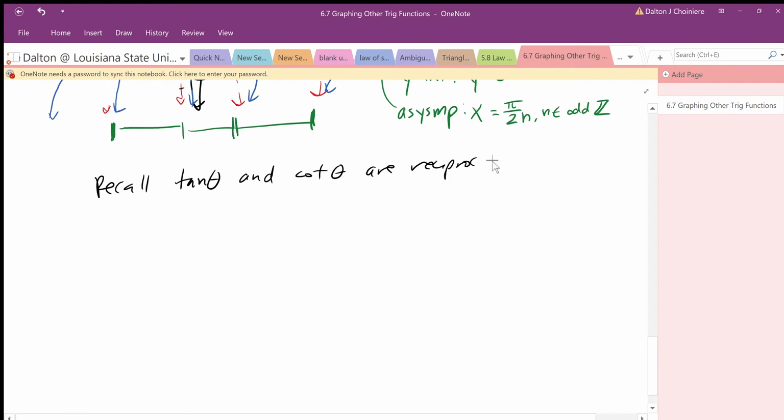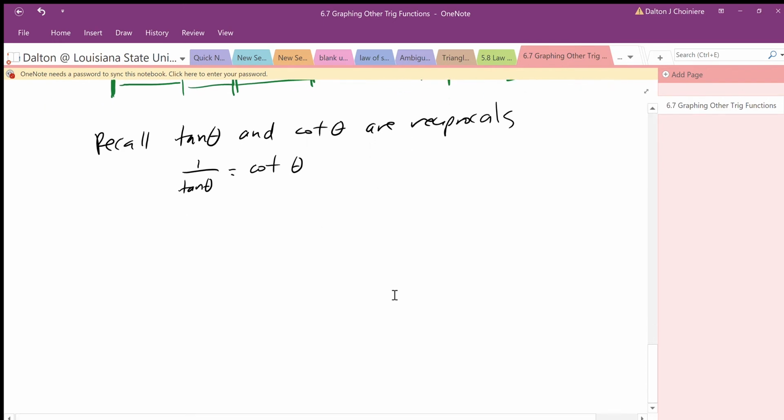So in other words, if I have 1 over the tangent of theta, that's the same thing as the cotangent of theta. So again, in your calculator, if you want to graph cotangent, you would have to put 1 divided by tangent of x in the y equals section.